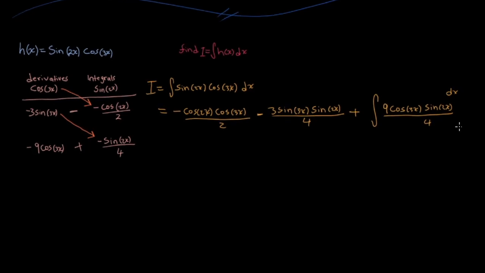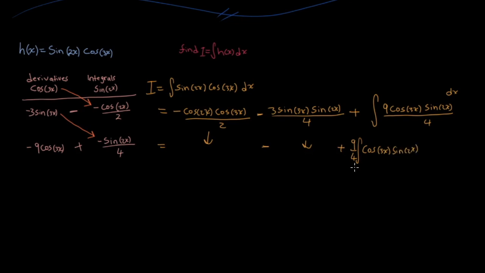As you can see here, we have cos 3x times sine 2x, and it's in this form here. If we take the 9 over 4 out of the integrand, we get this expression minus this expression, plus 9 over 4 times the integral of cos 3x sine 2x.